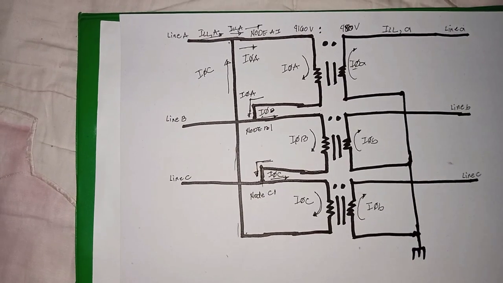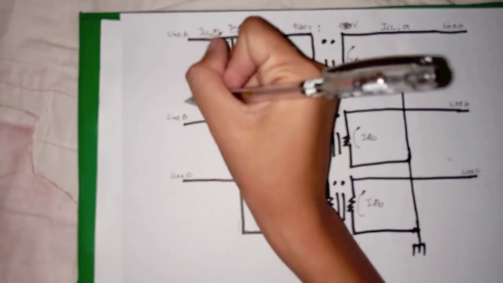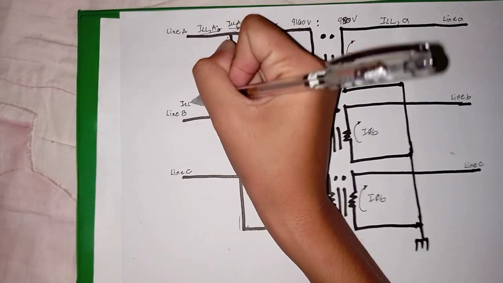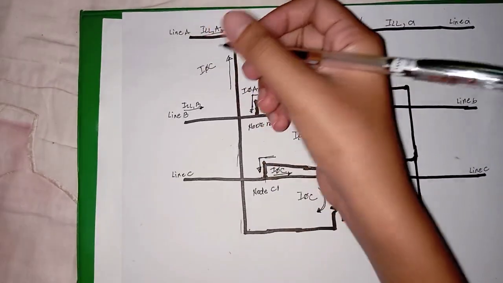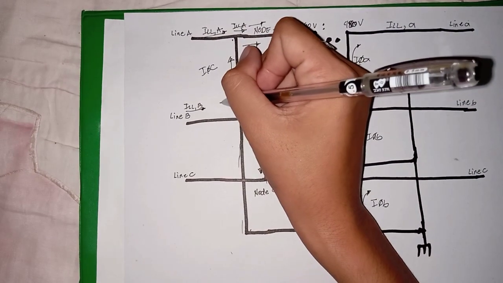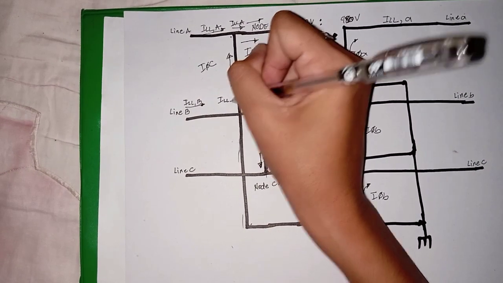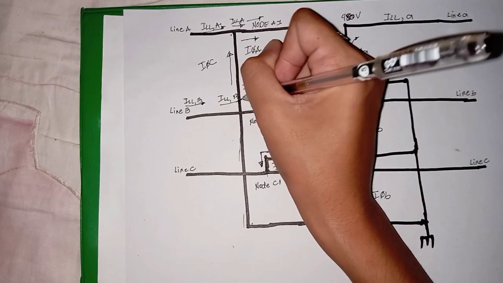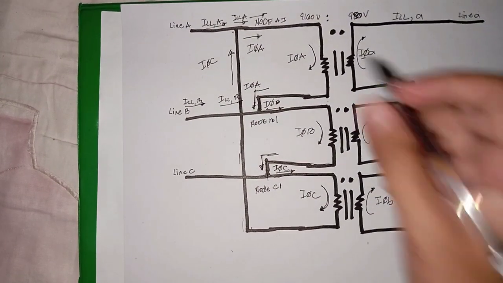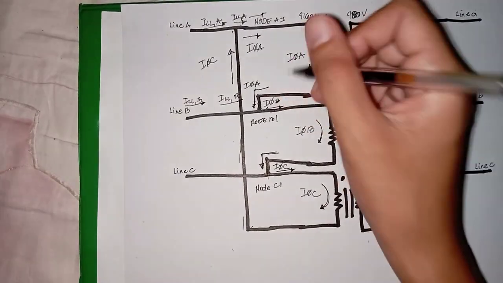So similarly, line to line current B will flow through line B into the bushing of winding B into the node B1.